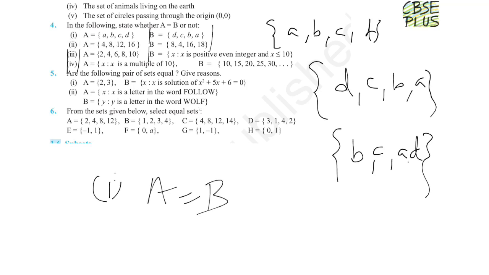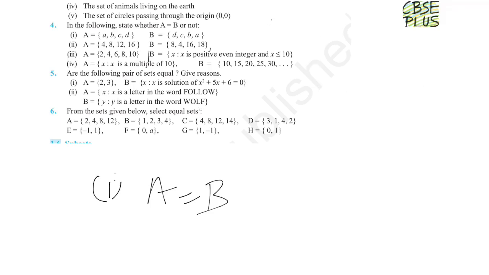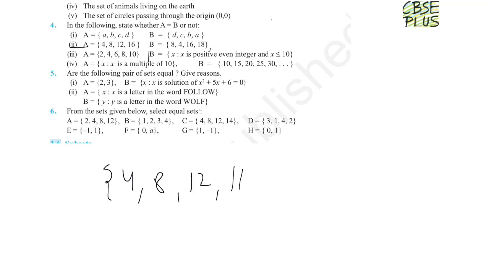Now the second question. In the second question, A is given as 4, 8, 12 and 16, but B is 8, 4, 16 and 18.